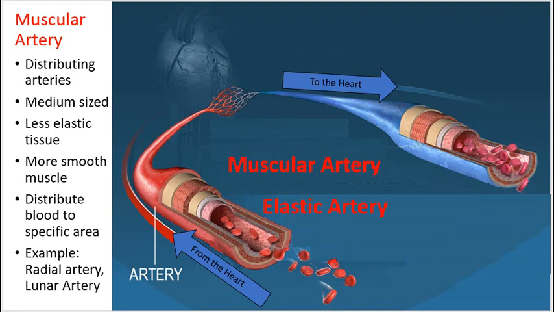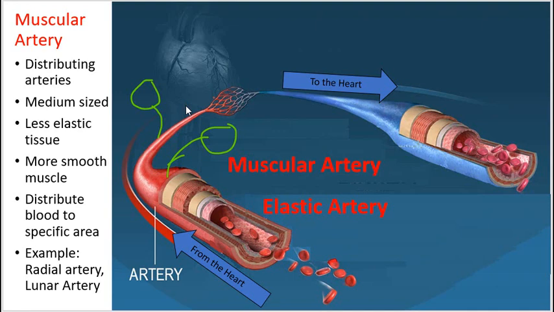Their function is to take blood from the elastic artery and distribute it to a specific area of the body. An artery will branch from the main elastic artery and deliver blood to this region. Another artery is going to branch and deliver blood to this region, and so forth.